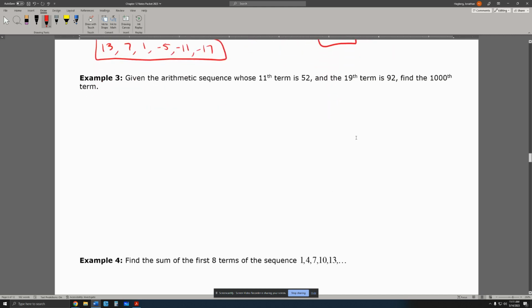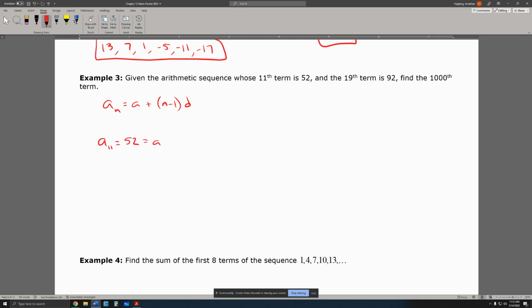All right, example 3. Given the arithmetic sequence whose 11th term is 52 and the 19th term is 92, find the 1000th term. Okay, so I know our original definition, a sub n equals a plus the quantity n minus 1 times d. Okay, so let's plug in some values. We know that the 11th term, a sub 11, is 52.